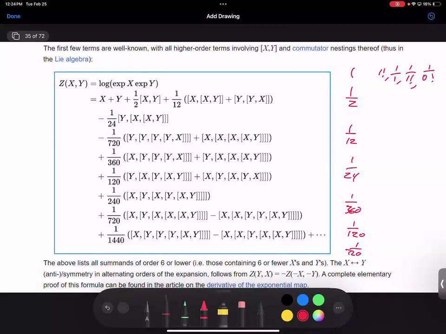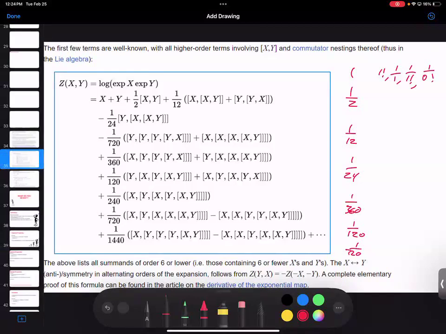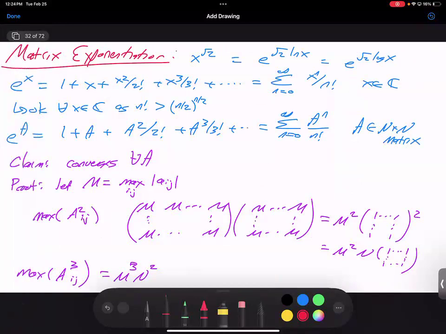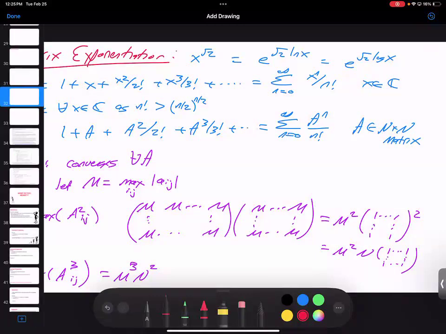Again, we are trying to detect patterns here. The two 1s may not be the same one. If you think about what we were doing eons ago, we have 1 plus x. This 1 is really coming from x to the 0 over 0 factorial, and then x is coming from x to the 1 over 1 factorial. These are not the same ones. They're different ones.